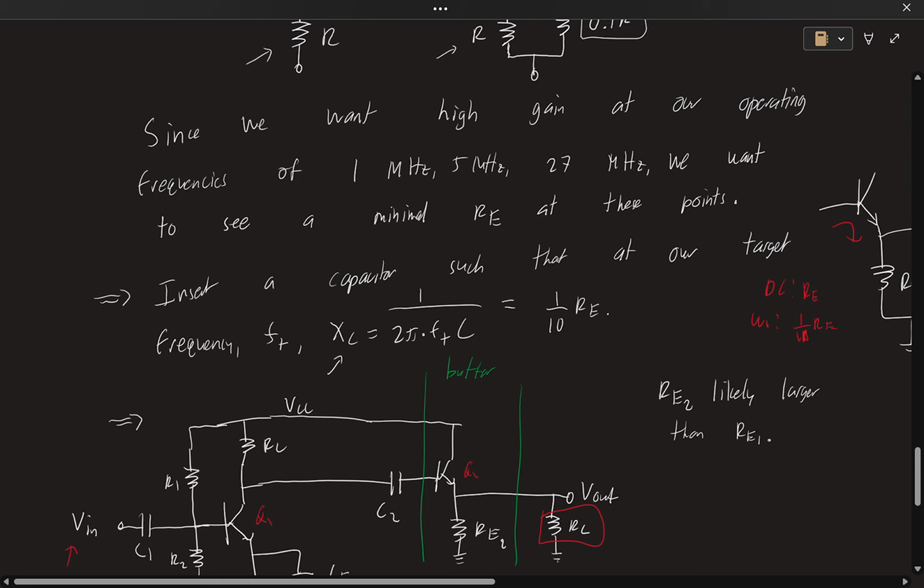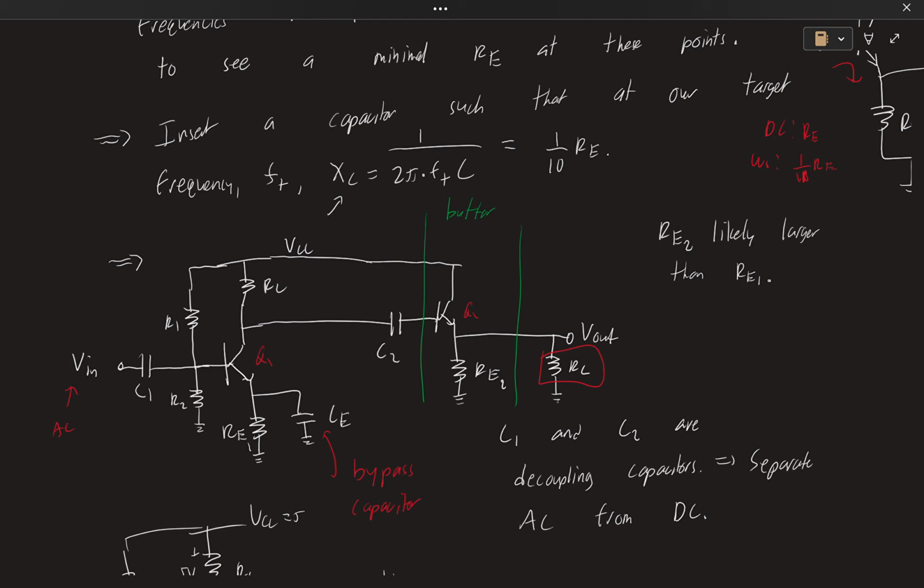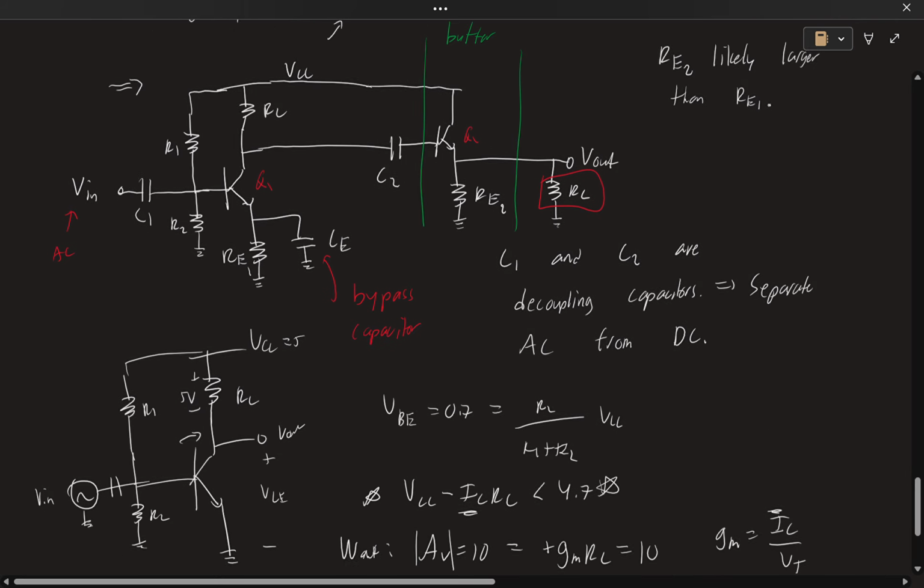And you should also understand how we have this RE in parallel with CE, and as I sweep frequency, how much of my current goes from RE to CE. At some point, the impedance of this capacitor CE will equal that of RE, and the signal will be split both ways, right? Just like a typical voltage divider, or sorry, current divider in this case, right? But it's a general impedance concept that hopefully all of you should be familiar with. But if you're still kind of confused on that, please reach out to either Grace or me.